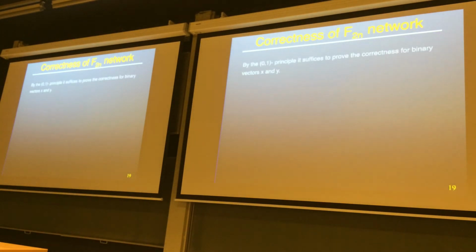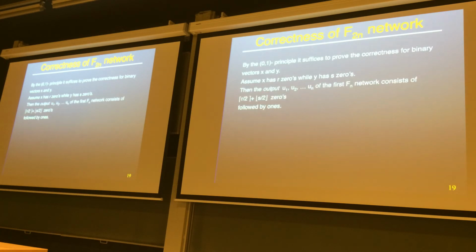I will give you a rough proof of the correctness of this network. So, concentrate on binary inputs. How do these binary inputs look with respect to the two input vectors x and y? Assume that x has r zeros and y has s zeros.